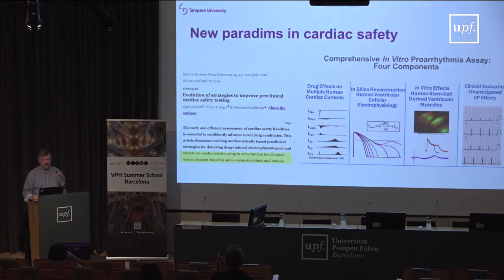And now people have started to look at these arrhythmia events, and the idea there is that we have different kinds of assays. And of course we have a clinical evaluation that is normal, that has been done before, and then drug effects directly on certain ion channels, for example.